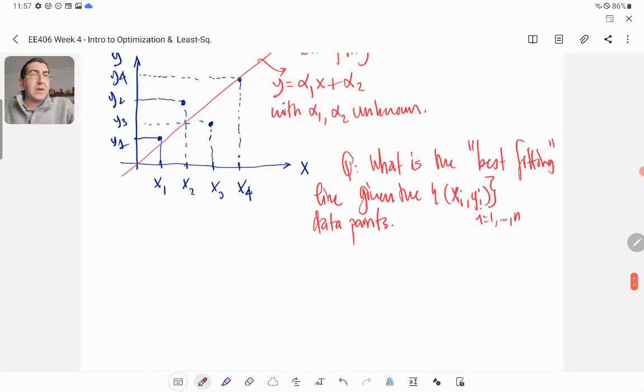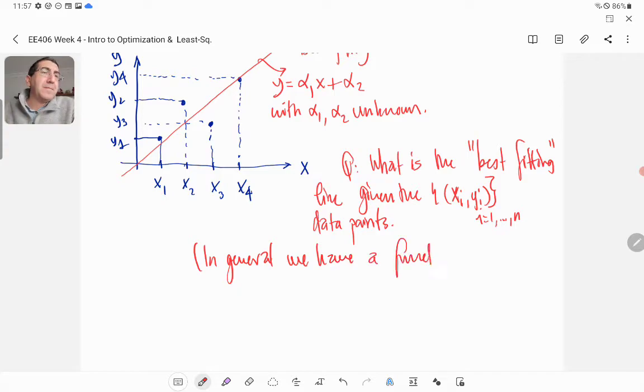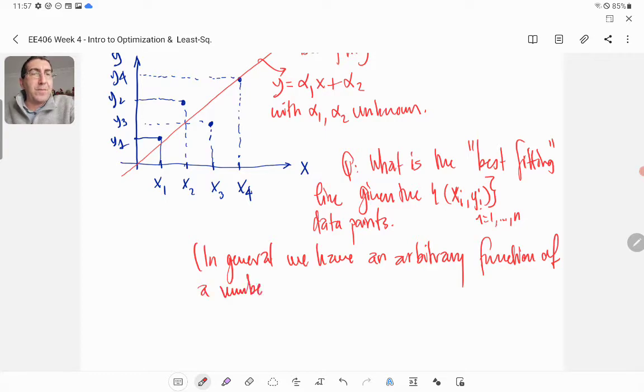Okay. So in general, we have an arbitrary function of a number of parameters. These are our alpha parameters, right?